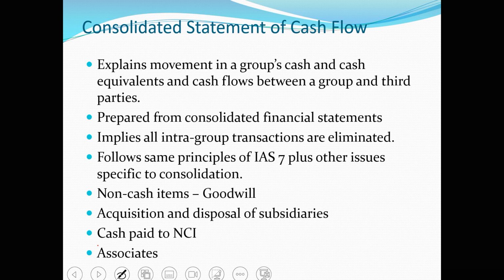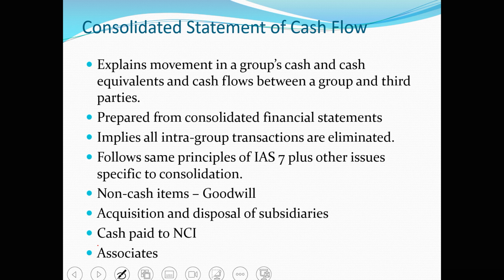Nobody is going to ask you to first prepare the consolidated profit or loss and consolidated statement of financial position before you prepare the consolidated cash flow. No, we have learned how to prepare consolidated financial statements. So you will have them, and you now have to use them to prepare the consolidated statement of cash flow.